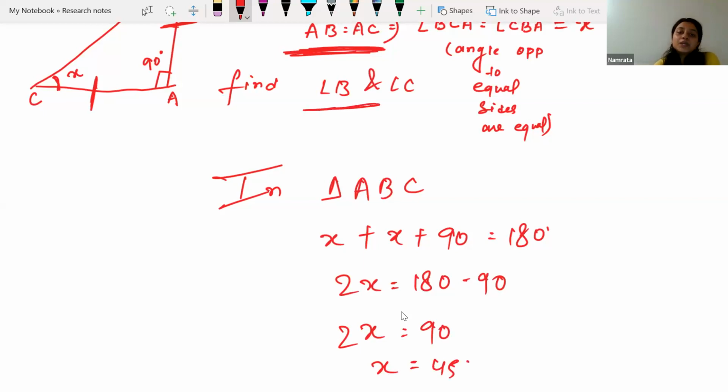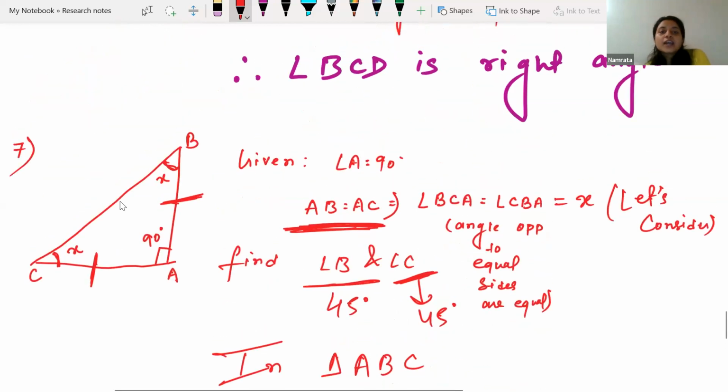So what is angle B? Angle B is x, that is 45 degrees. What is angle C? Angle C is also x, that is 45 degrees. So we found what was asked in the question. Just with the help of the isosceles triangle property, two sides were equal, one angle is 90 degrees. So if two sides are equal, both the opposite angles will be equal.